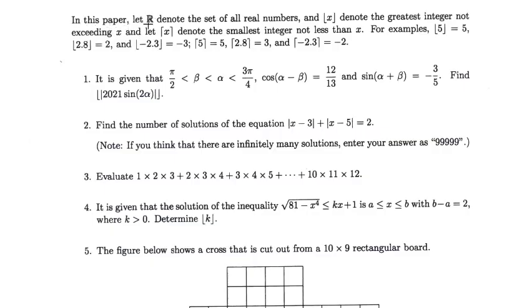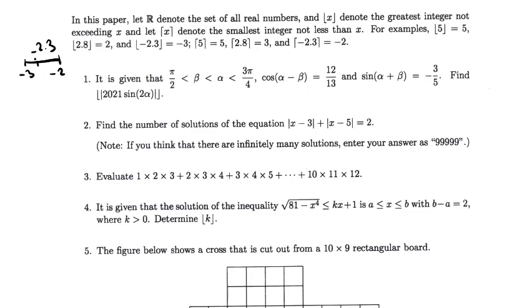Here they say in this paper, let R denote the set of all real numbers. Floor of x is the greatest integer not exceeding x, and ceiling of x denotes the smallest integer not less than x. Floor of 5 is 5, floor of 2.8 is 2, and floor of negative 2.3, because negative 2.3 is between negative 3 and negative 2, is negative 3.